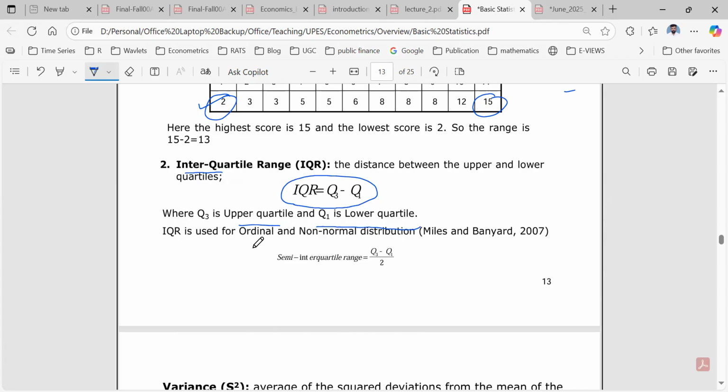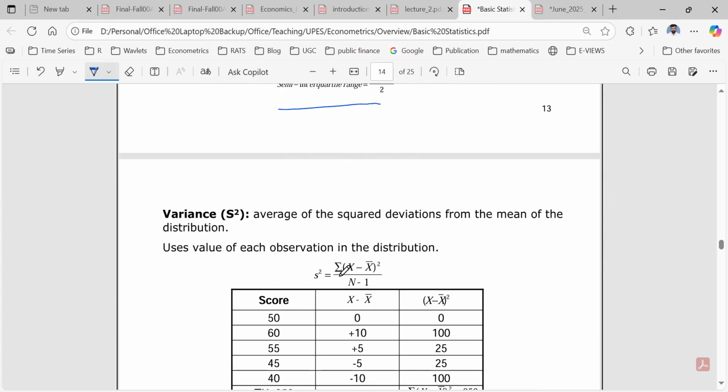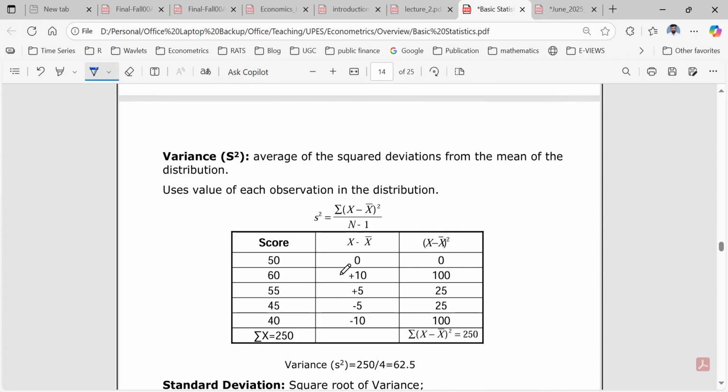IQR is used for ordinal and non-normal distributions. You should remember this. And the semi-interquartile range is found as Q3 minus Q1 divided by 2. This is also very important. So range we have already discussed, then quartile deviation also we have discussed.